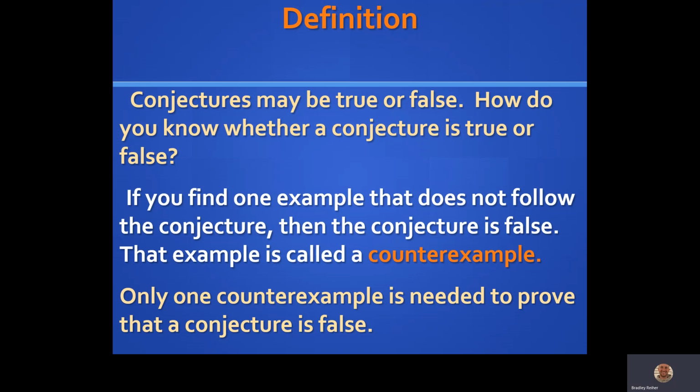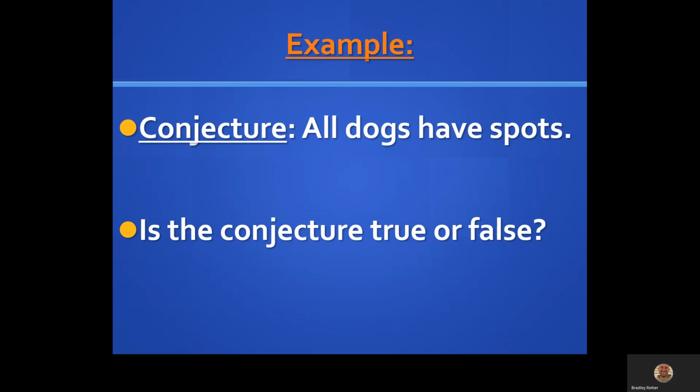Let's look at an easy example where you would use this counterexample. Here's a conjecture. All dogs have spots. Is that true or false? I think we all know that that's false. Now, how do you prove that it's false?